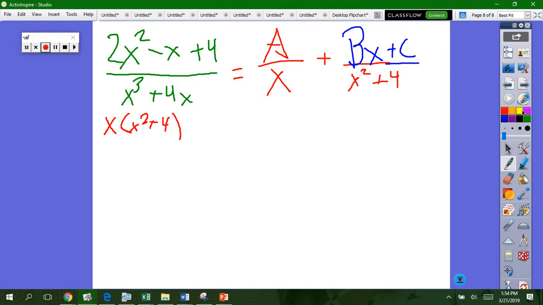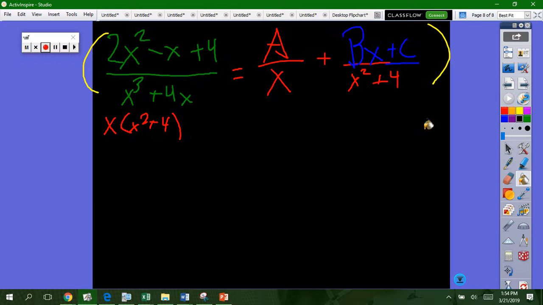So once again, I can go ahead and just times, that yellow is kind of nice. Maybe I should, hold on. You guys want to see something cool? We're going to go like this. What does that look like? You guys like that? Huh? Yeah. So x times x squared plus 4.